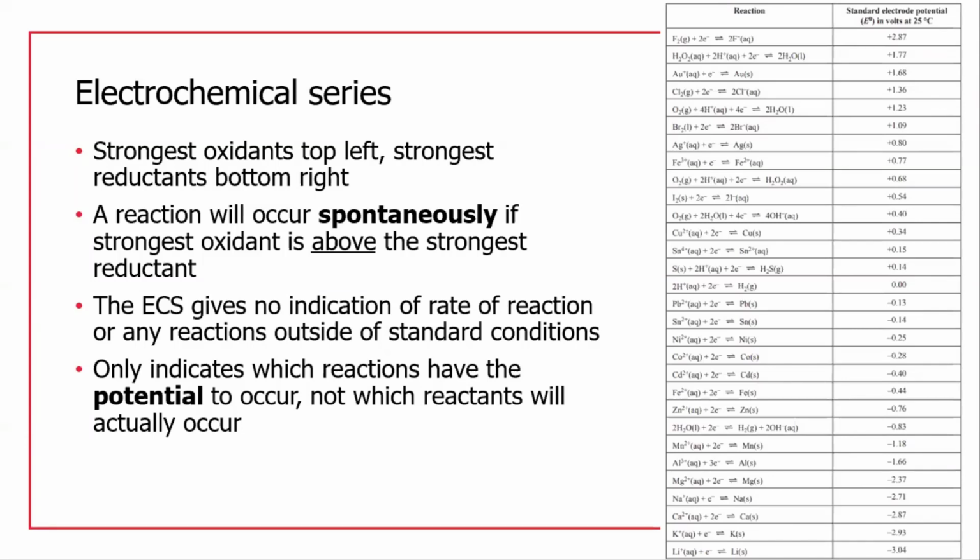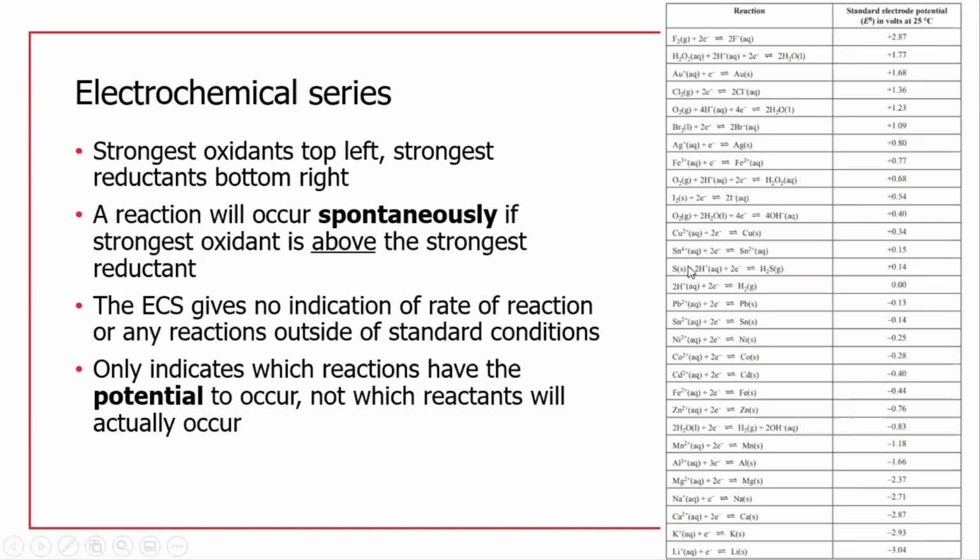When you have two or more chemicals together, a reaction will occur spontaneously if the strongest oxidant is above the strongest reductant. So if we're going down like a slide from left to right, and our strongest oxidant is towards the top and the strongest reductant available is towards the bottom, that will occur spontaneously.